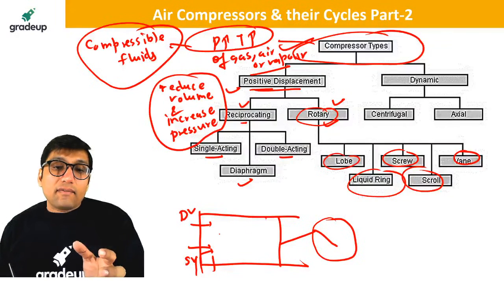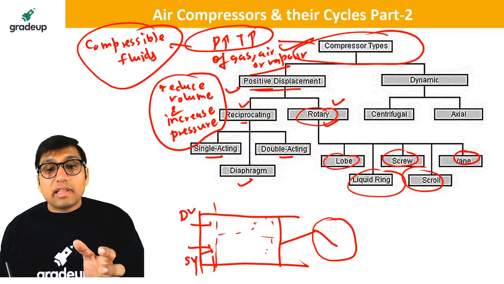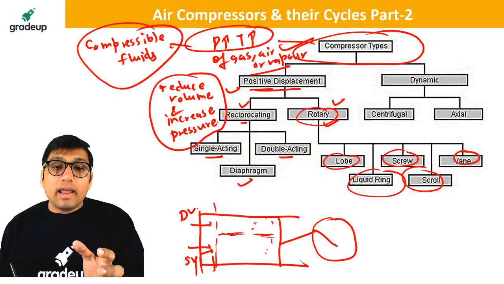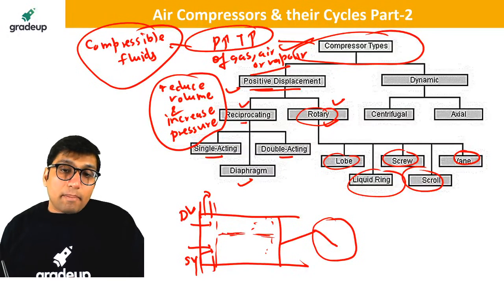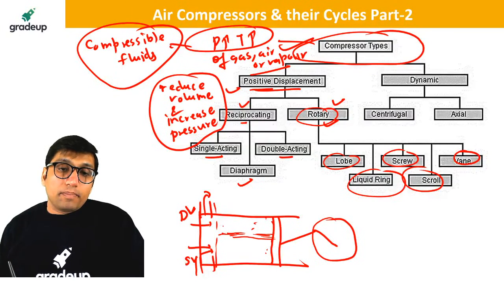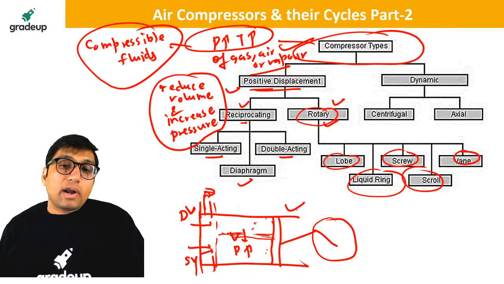When the air is filled inside, during the compression stroke the air will get compressed in the cylinder, and the high pressure gas will come out from the discharge valve. When the piston moves in this direction, the air will get compressed in this small volume. The volume will get reduced, the pressure will increase, and the high pressure gas will be released from here. This is a reciprocating compression.